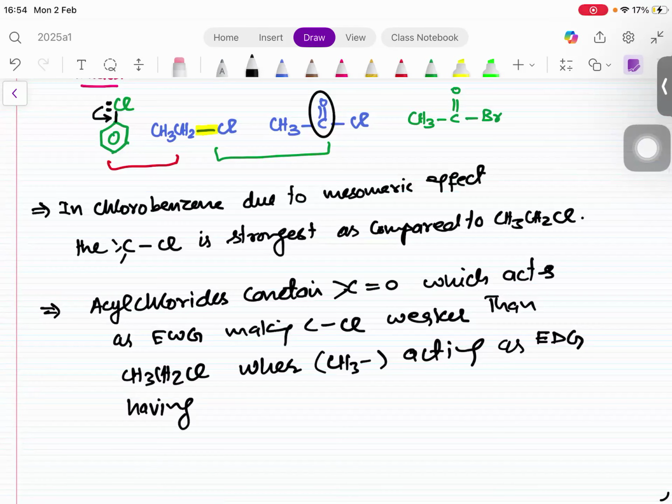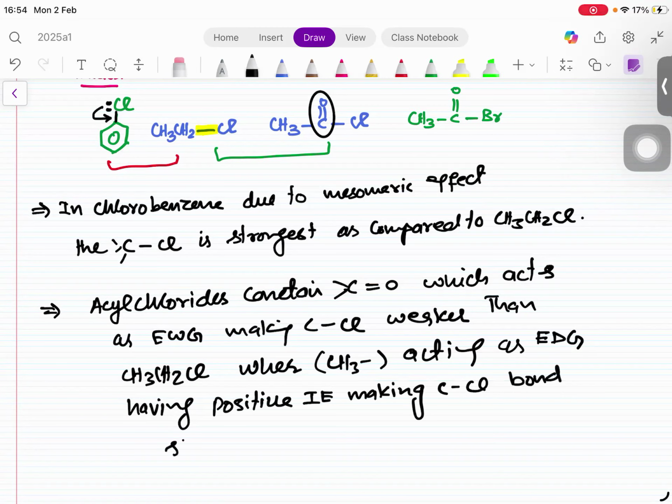I'm giving you the double explanation, but you can give any one of them. Positive inductive effect, making C-Cl bond stronger and harder to hydrolyze, and relatively harder.